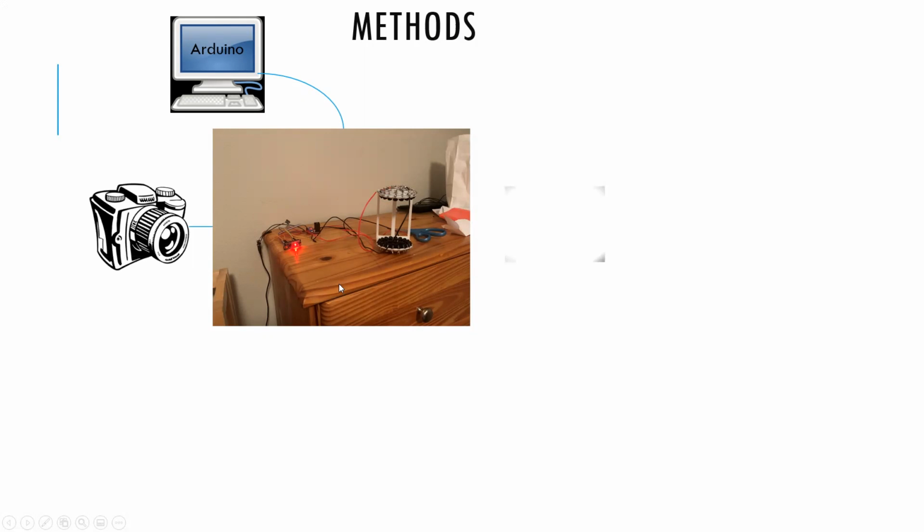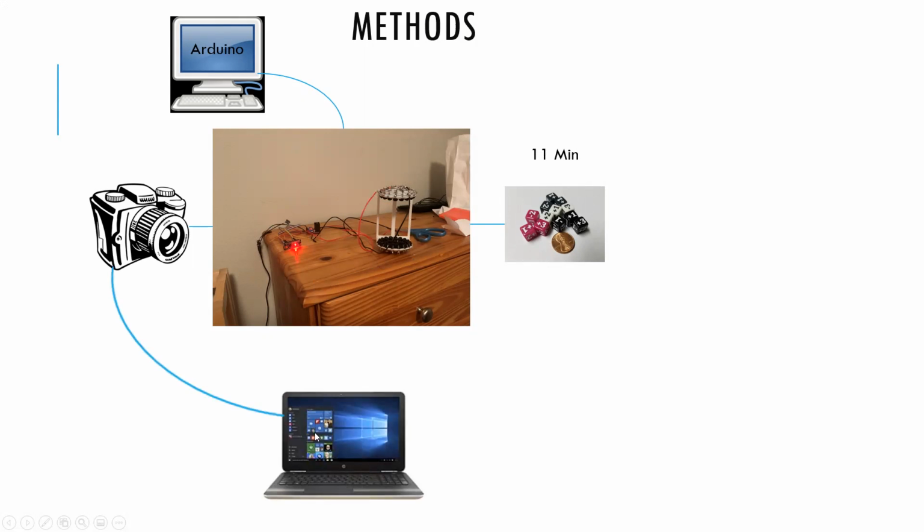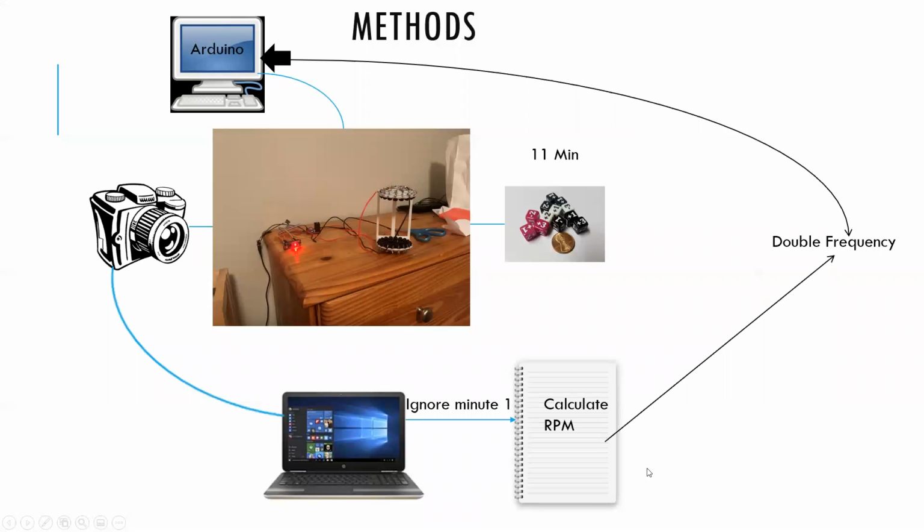I then recorded a micro dice being placed inside the levitator for 11 minutes, at which point I uploaded it all to a computer of my own and ignored the first minute of the recording in order to calculate the rotations per minute of the final 10. From there, I doubled the frequency and, using the Arduino program, ran through the whole experiment again for each individual trial.